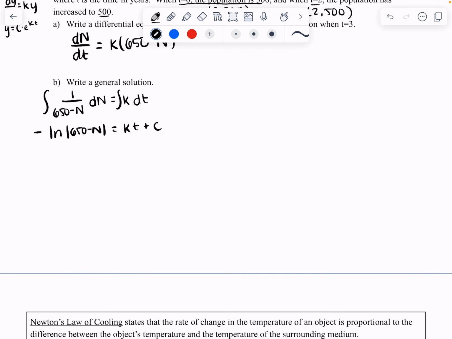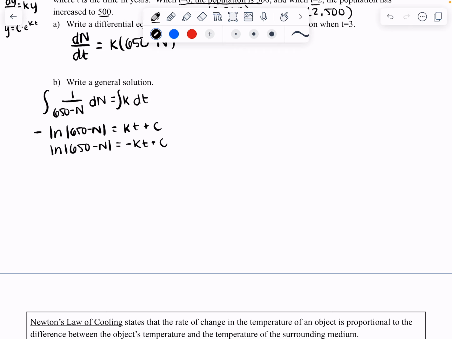Okay, we get this. We're going to do exactly what we did earlier, but before you exponentiate both sides, you really don't want this negative here, and so I'm going to multiply both sides by -1 first. I can write negative c, but I'm not going to because, again, it's just a constant. Also, k is just a constant.